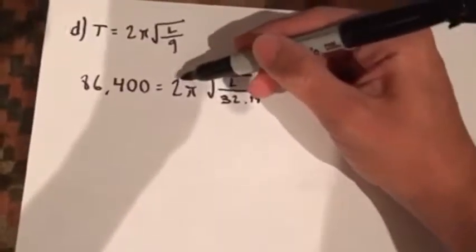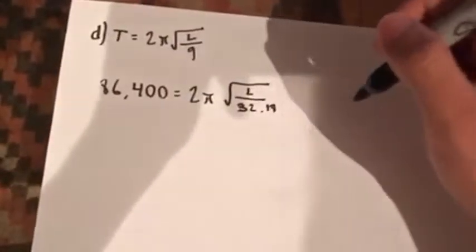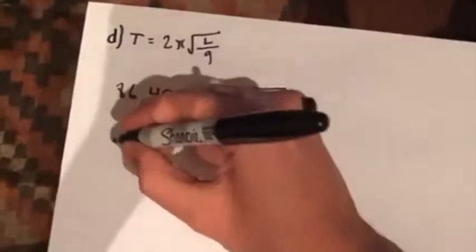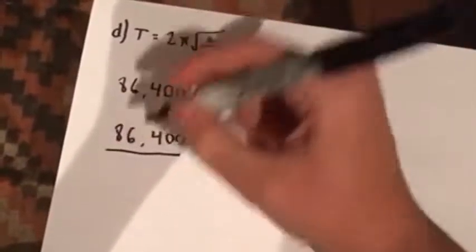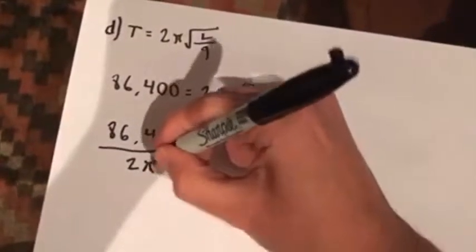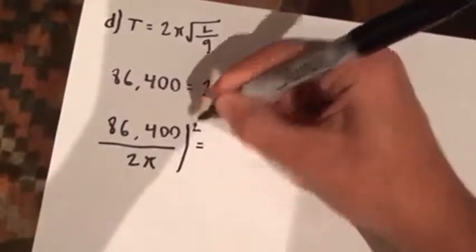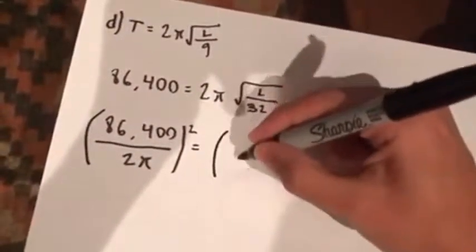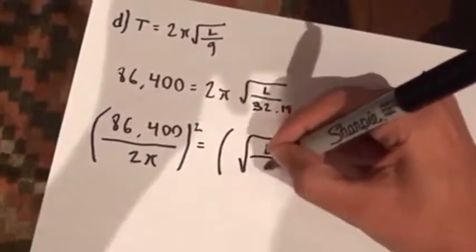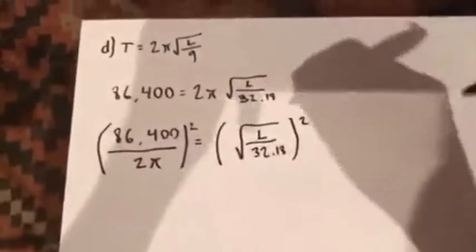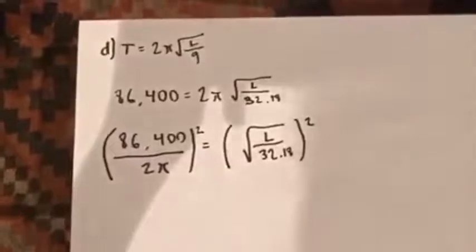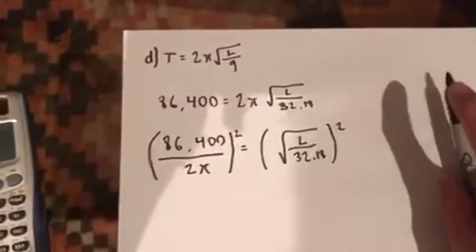And so after this, all we need to do is to pass the 2 by dividing over here and then square it all. Okay, and after this, we check the calculator and plug in this part.